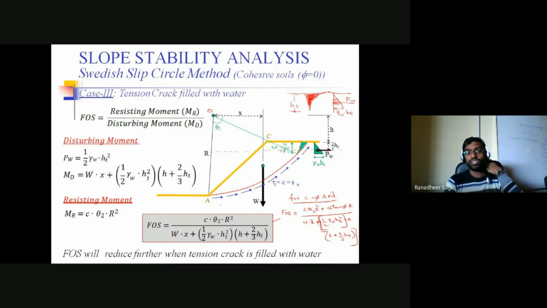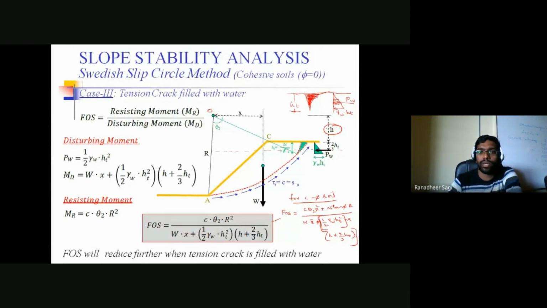What does ht indicate? Ht indicates the depth of the tension crack, and h indicates the vertical distance above the ground surface at which your point O was existing. That is what we call the h distance.